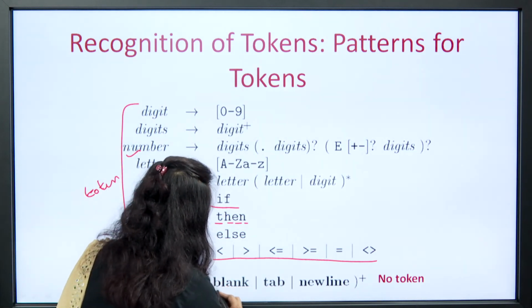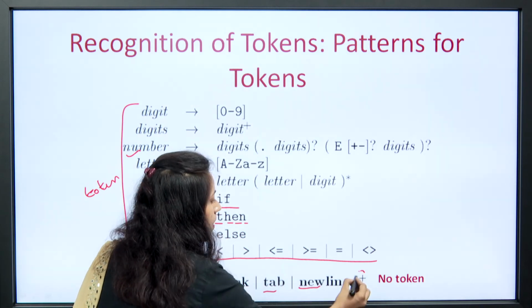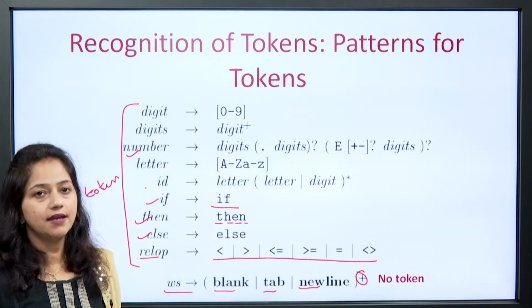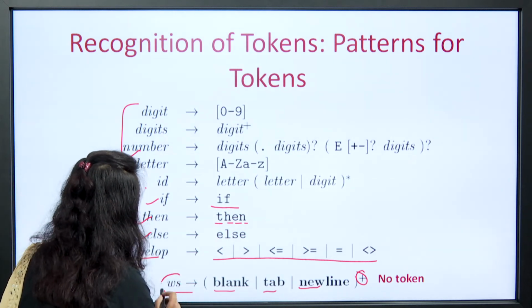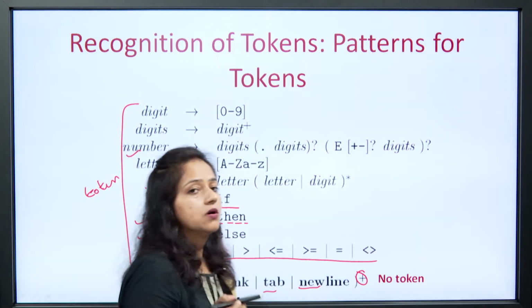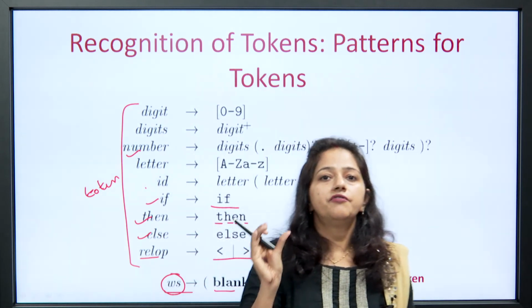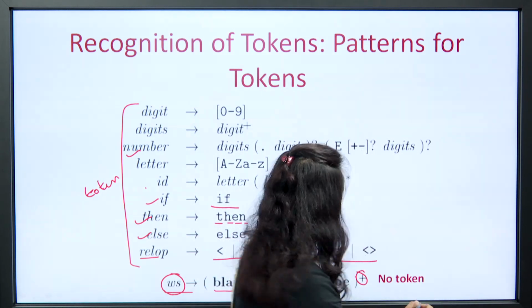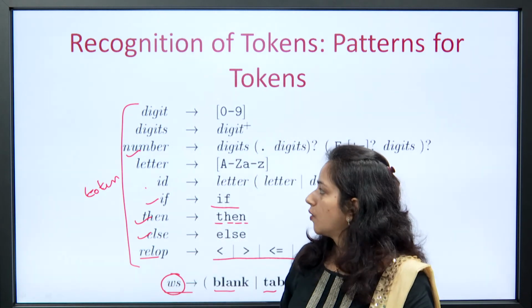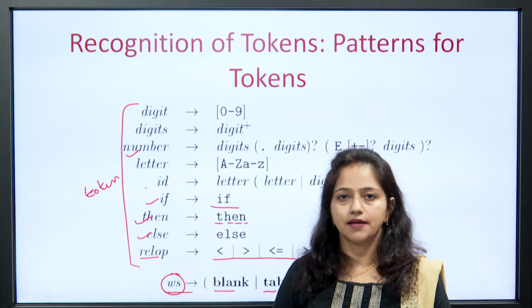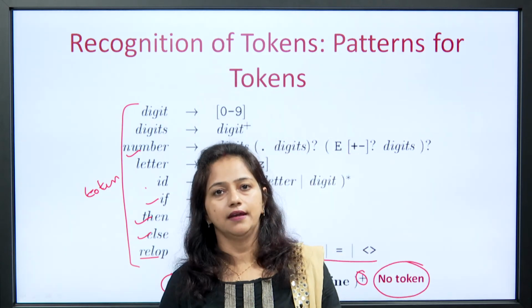White space can be blank, tab or new line, and here plus means one or more instances of this. So, this will be considered as white space. The lexical analyzer will find the white space, but it will not produce any token for it, while tokens will be produced for the rest of the acceptable categories other than white space.